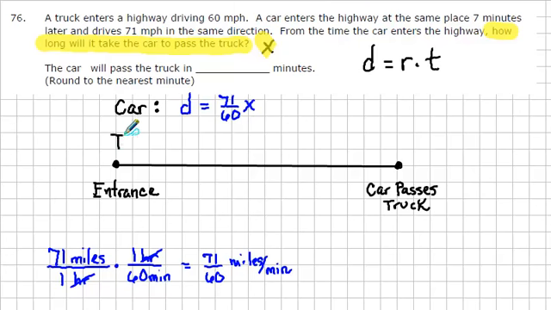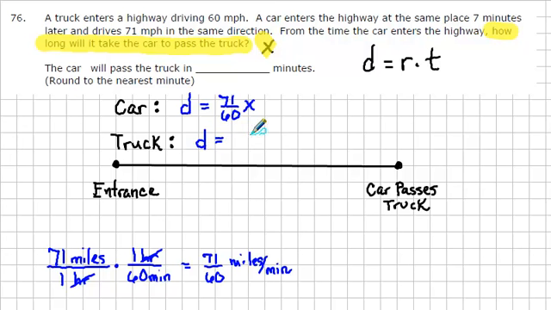What about the truck? Well, we know that the truck goes the same distance from the entrance to the place where the car passes the truck, so we still have d.